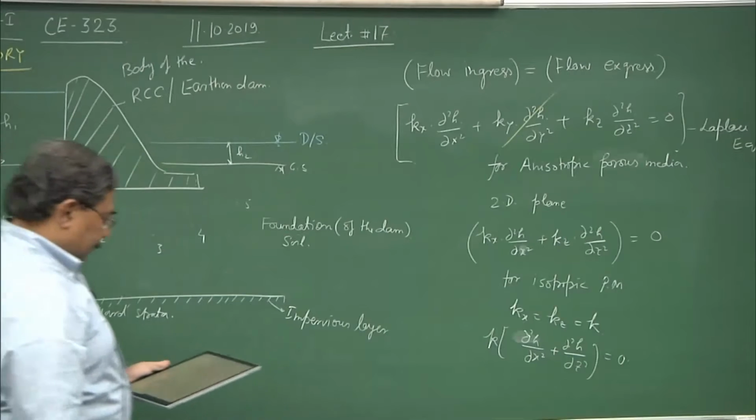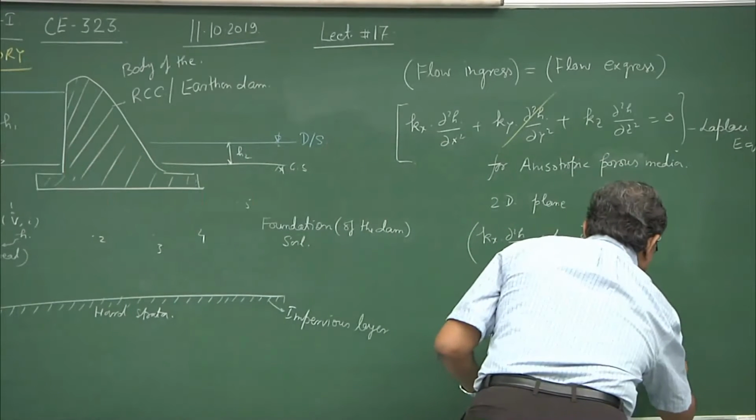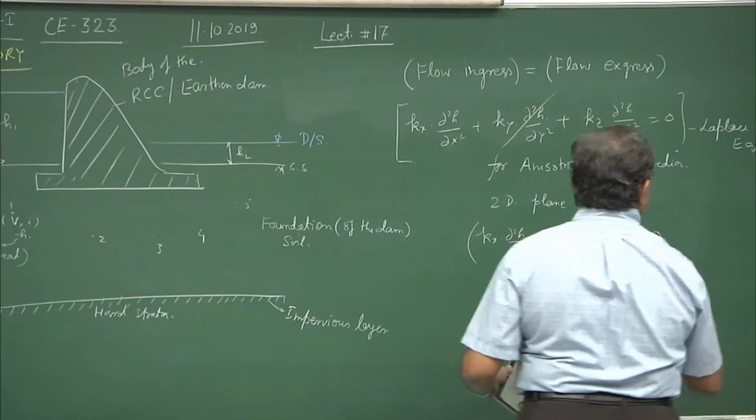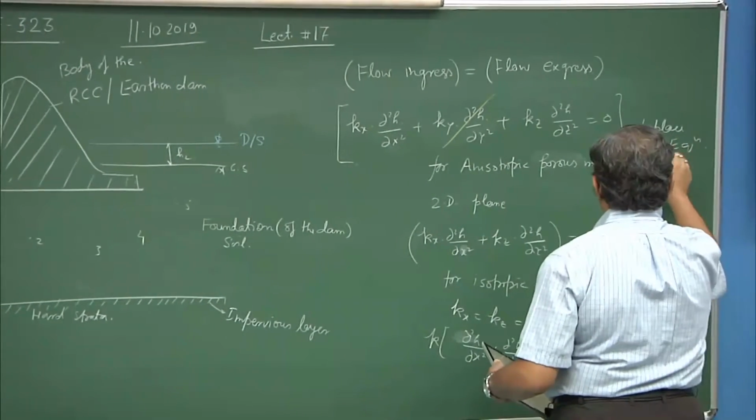What this indicates is del square h equal to 0, and this is again the Laplace equation.